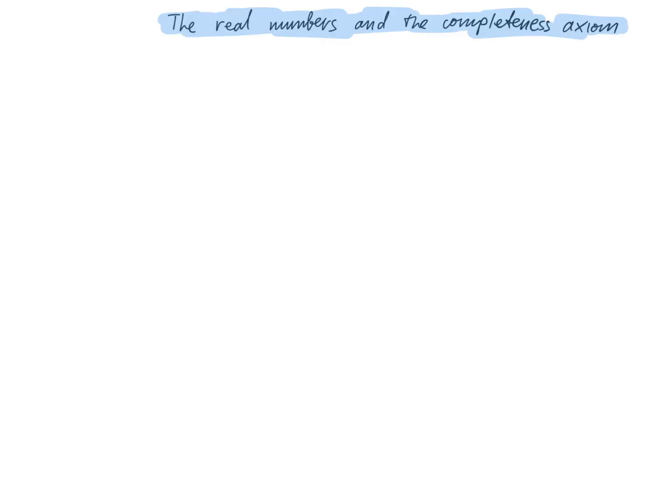We move on to the new topic, the real numbers and the completeness axiom. Let's begin with the definition. Let S be a non-empty subset of the set of real numbers. 1.